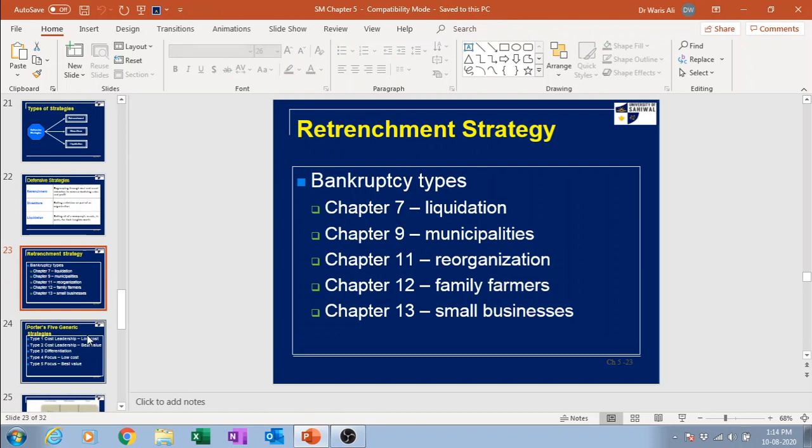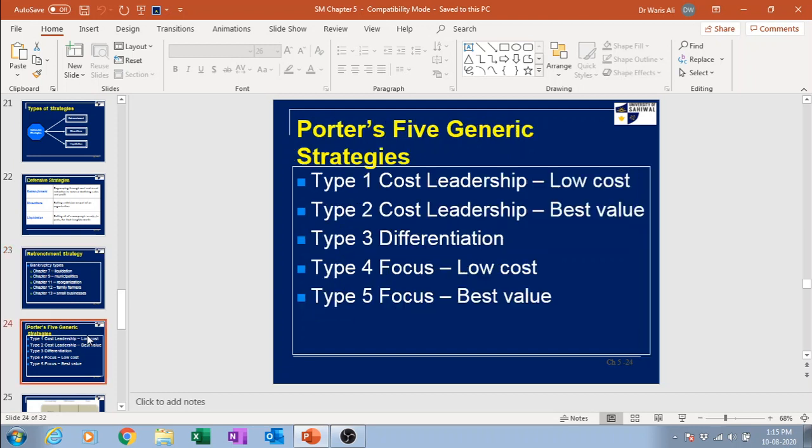We will have other strategies like retrenchment strategy, like turnaround and reorganization, family farmers, small businesses. They're going to be discussed in chapters 7, 9, 11, 12, and 13. We have Porter's 5 forces generic strategies. These are called bottom level strategies.